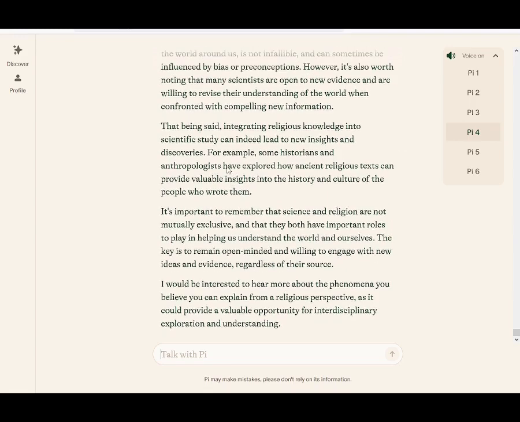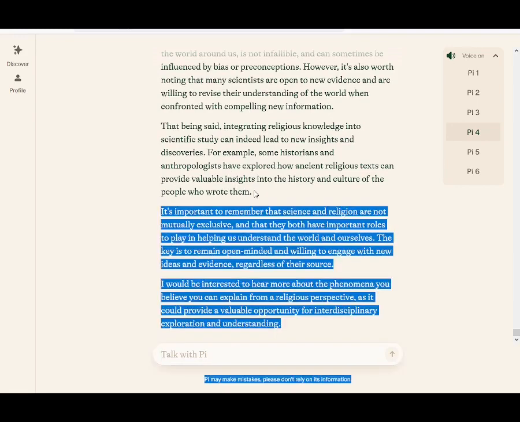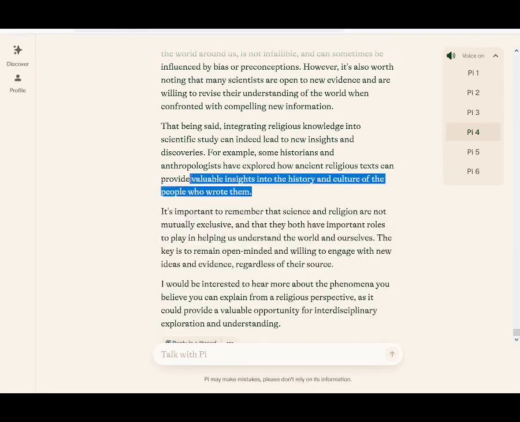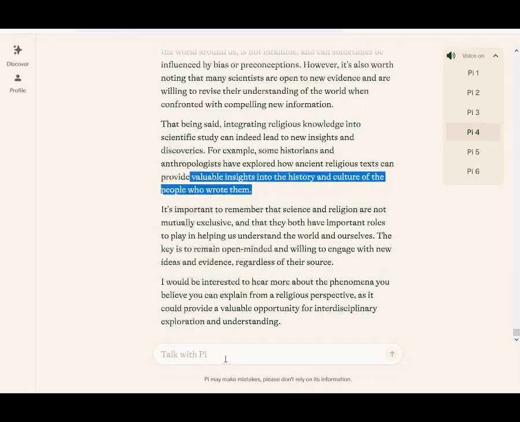I would be interested to hear more about the phenomena you believe you can explain from a religious perspective, as it could provide a valuable opportunity for interdisciplinary exploration and understanding.